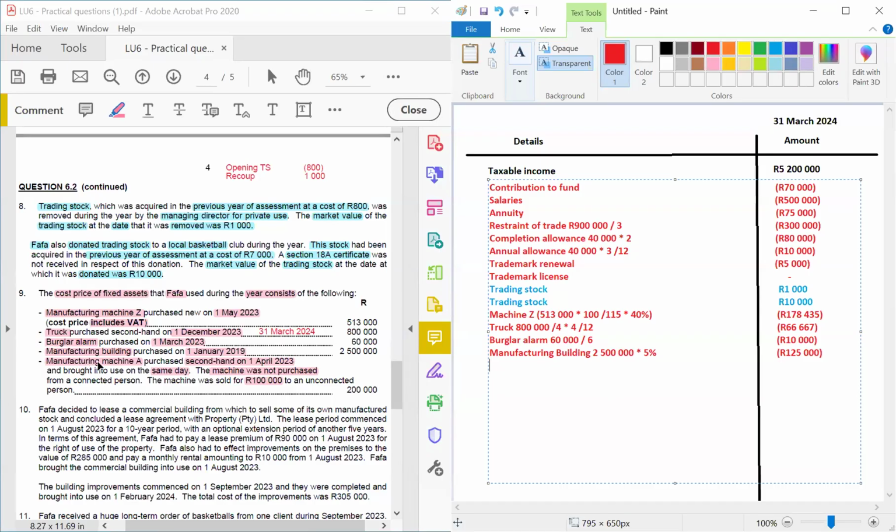So what we need to look at is the allowance and also the recoupment or scrapping allowance. Remember, scrapping allowance falls part of general deductions. Section 11O is scrapping allowance when you make a loss. When you make a gain, which is recoupment, in that case it would fall under section 8.